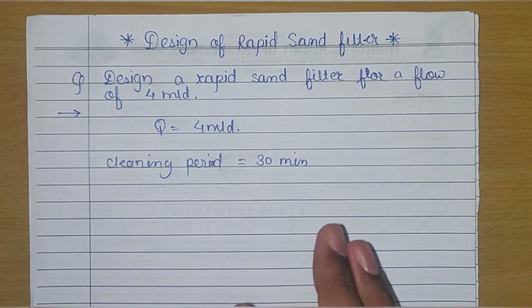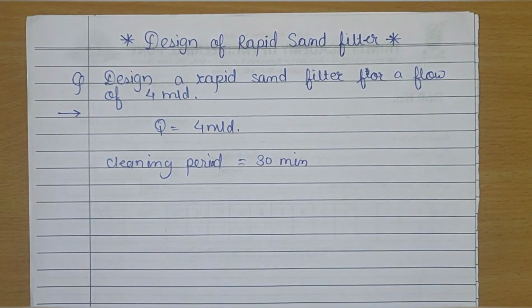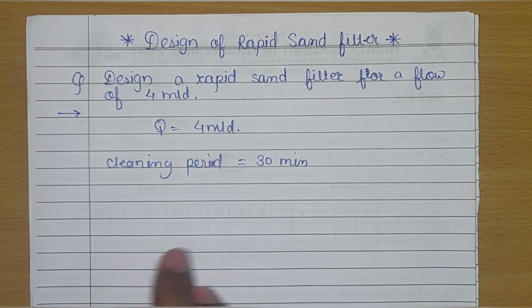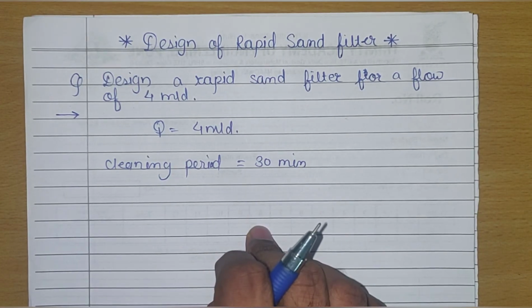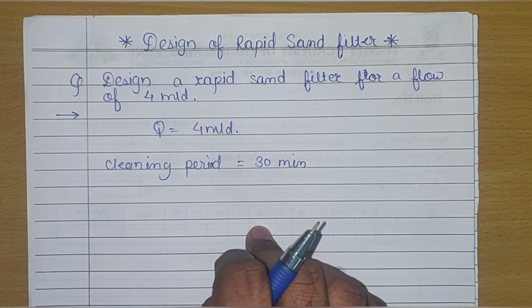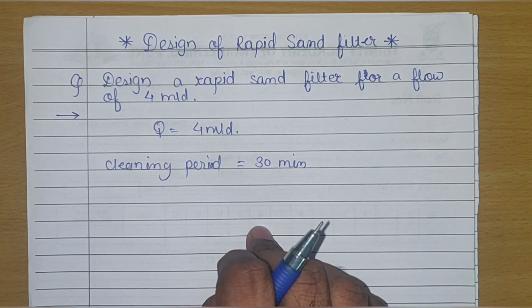That means for 30 minutes the normal filtration is stopped, and for 30 minutes we have to do the backwashing, that means the cleaning of the rapid sand filter. And during the backwashing, extra quantity of water is used.